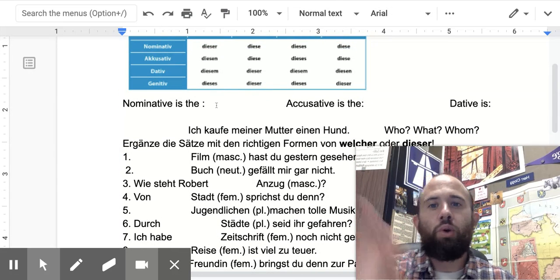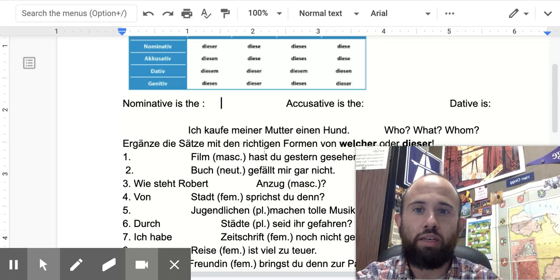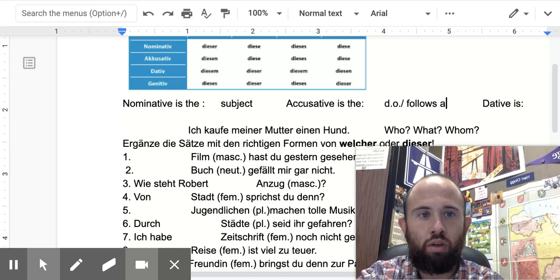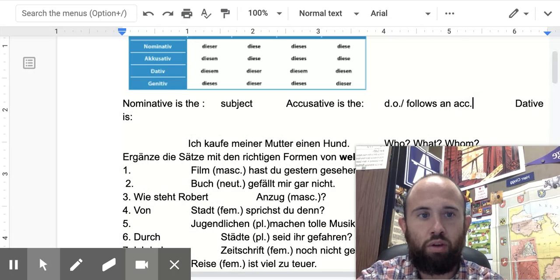Let's review nominative. In a typical sentence, nominative is the subject, right? It is the subject of a sentence. The accusative is the direct object or follows an accusative preposition.